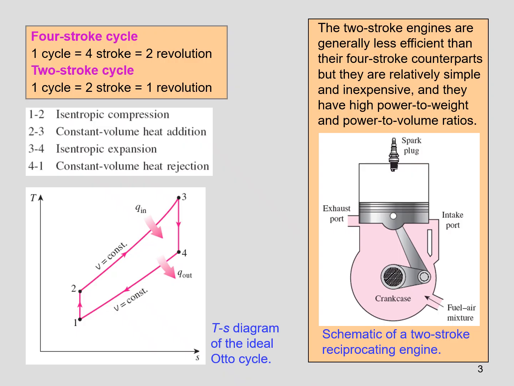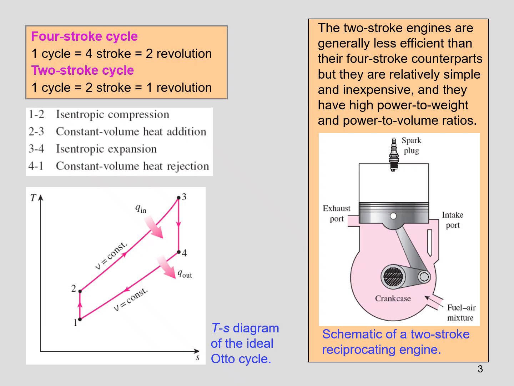And this is the TS diagram of an ideal Otto cycle. Normally, for a 4-stroke cycle, one cycle is equal to 4 strokes, which is equal to 2 revolutions. For 2-stroke cycles, one cycle is equal to 2 strokes only, 1 revolution only.